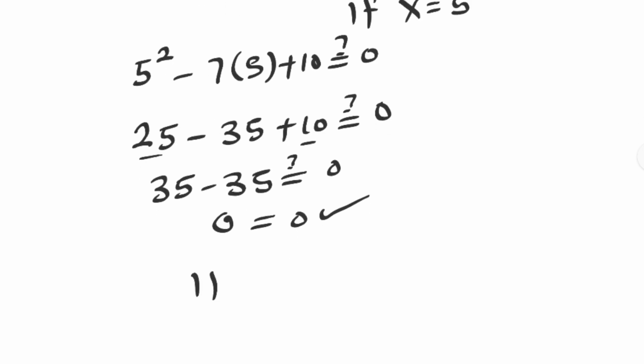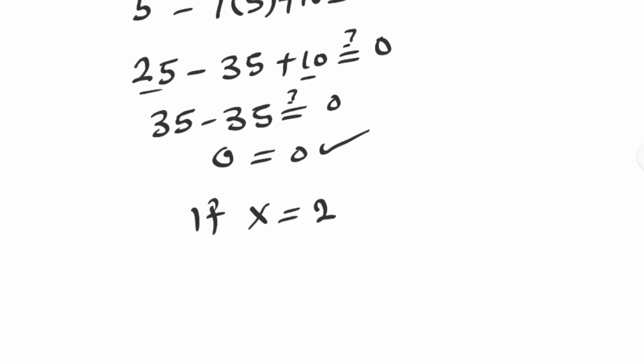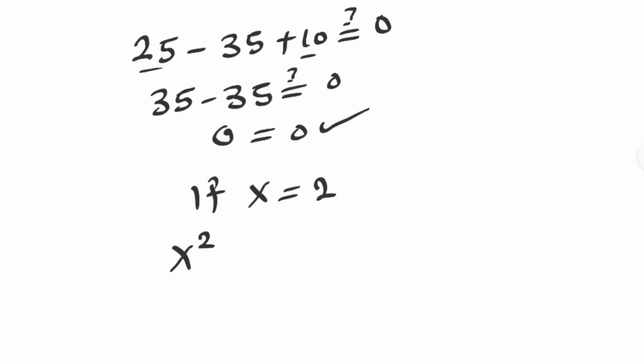Let's see if s is equal to 2. We have s squared minus 7s plus 10 is equal to 0.